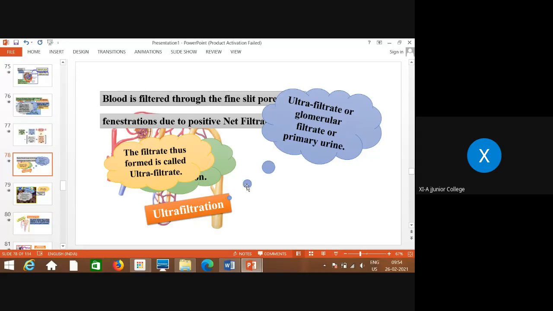The filtrate formed by the filtration of these blood vessels in the glomerular region is called primary urine, also called glomerular filtrate or ultrafiltrate.